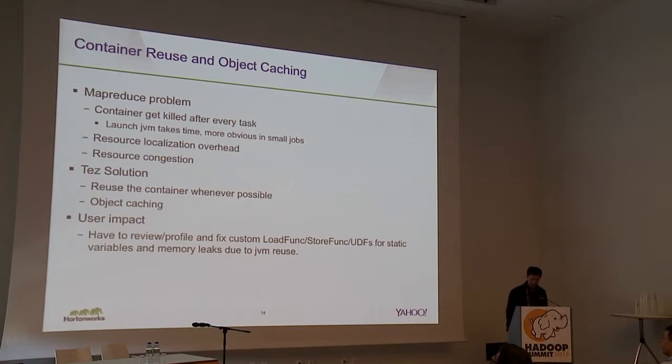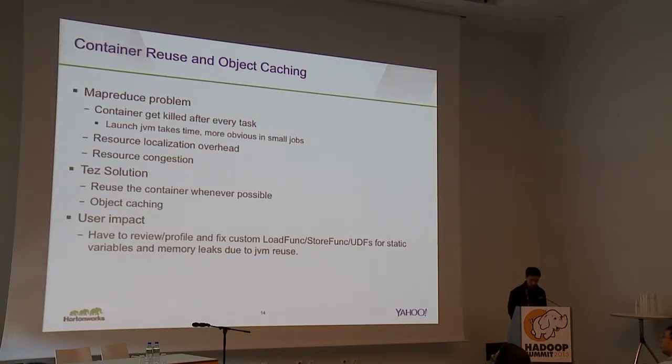The first task can cache any memory object into a key value store called the object cache. The next task will retrieve the object by name from the object cache. Pig uses the object cache to store the right relation of the right table in replicate join, and the sample file in order by and skew join.